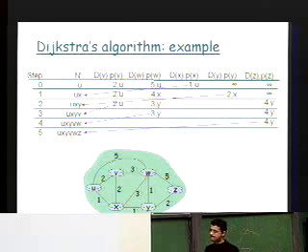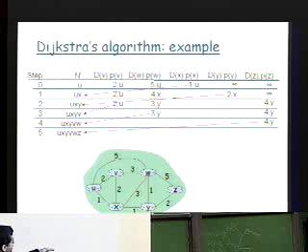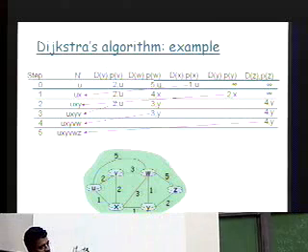is that if you have this path U, X, Y, W, which is the shortest cost path, then an important property that's used is that U, X, Y, a subpath, is also the optimal path.